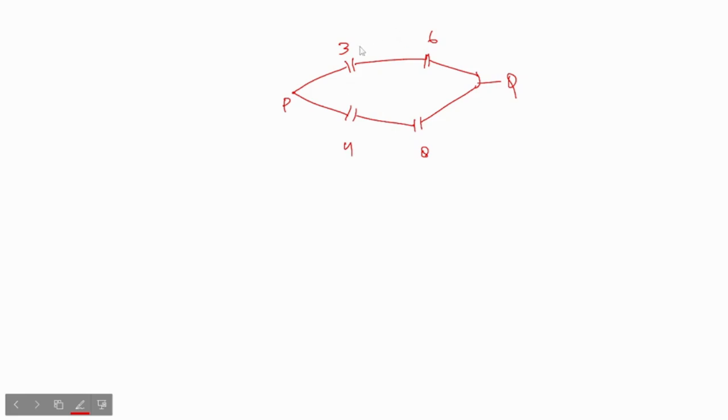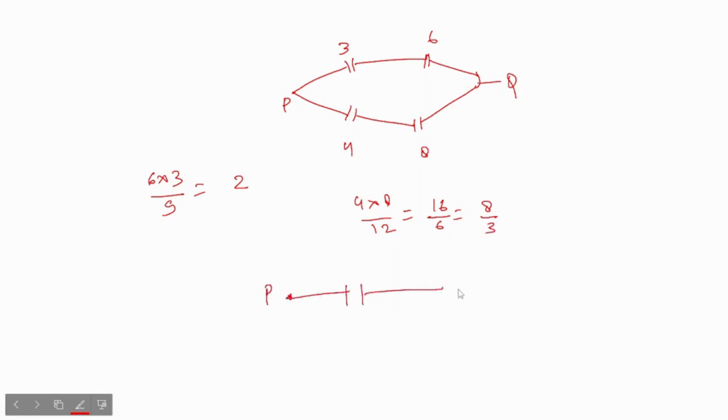So you will calculate their equivalent capacitance. They will be 6 into 3 upon 9, that will be 2, and then you'll calculate the other equivalent capacitance. It will be 4 into 8 upon 12, that means 32 upon 12, that is 8 by 3. So the circuit will be somewhat like this.